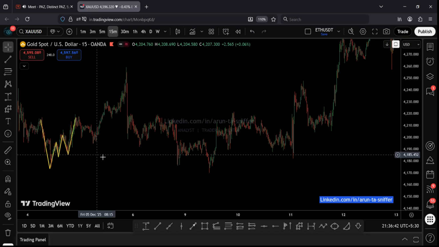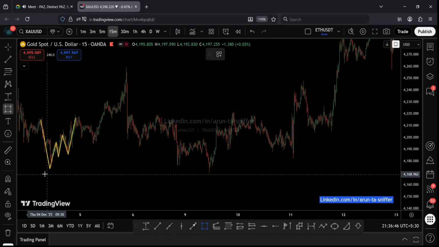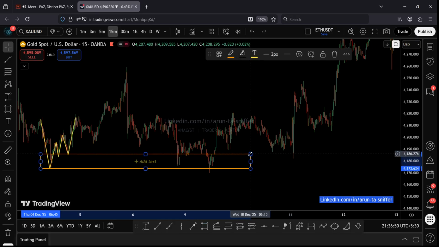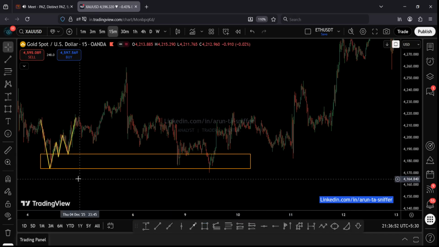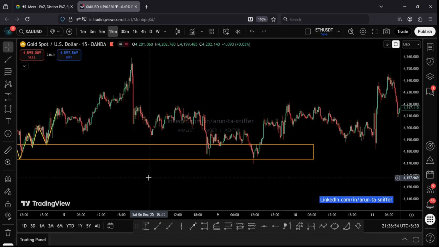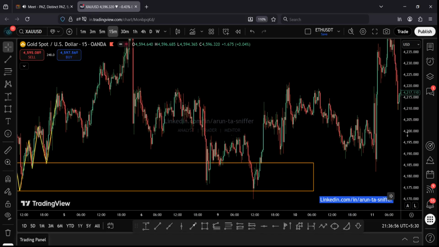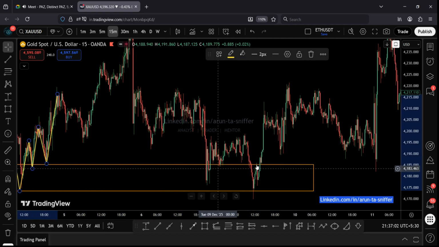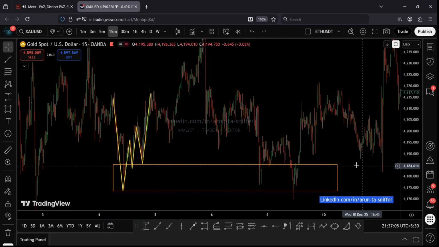Okay. Where will be our distinct price action zone? This one. This one, right? This one to this one. Okay, like this.